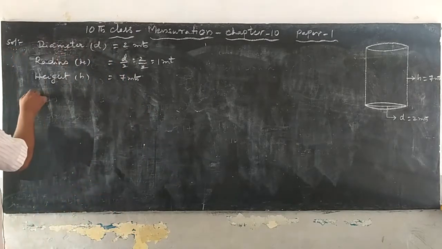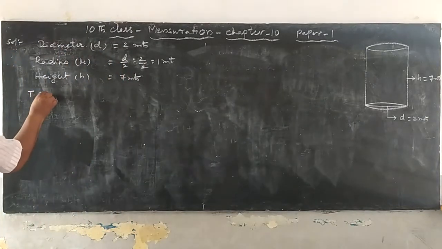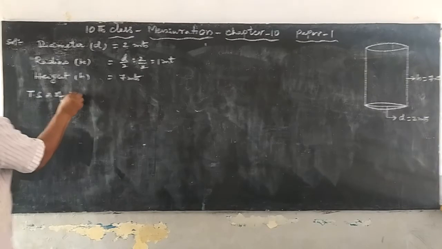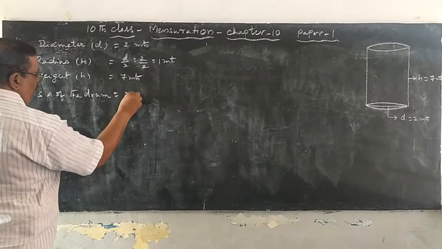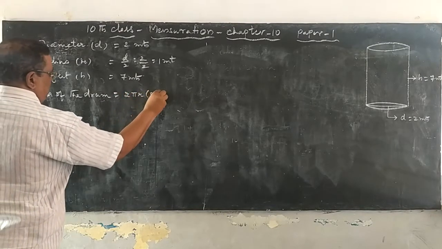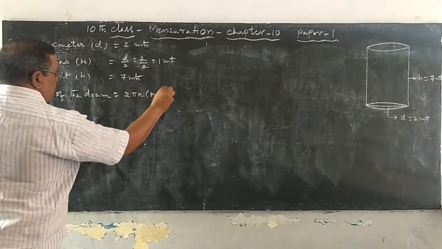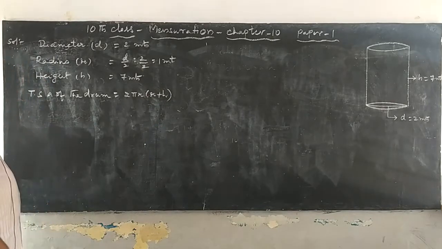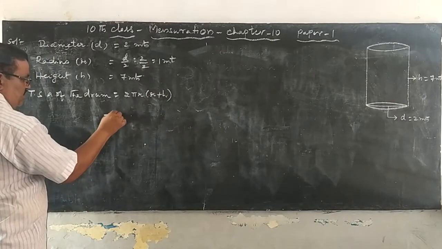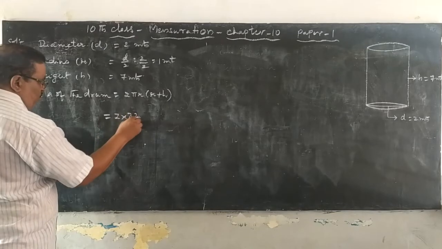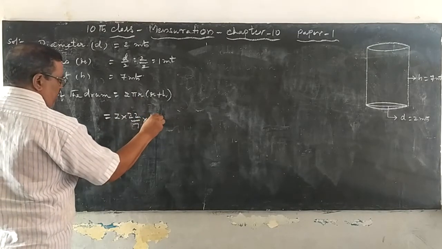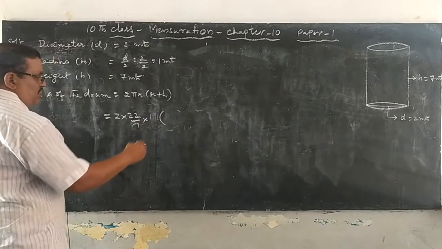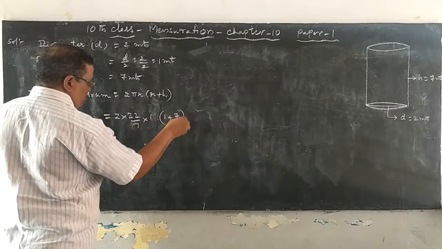So find the TSA of the drum, the formula is 2 pi r (r plus h). This is the total surface area of the cylindrical drum. That means 2 into 22 by 7 into r value 1 into (1 plus 7).